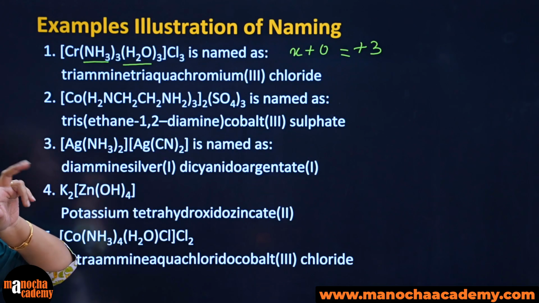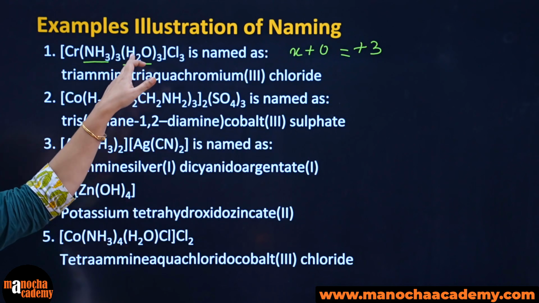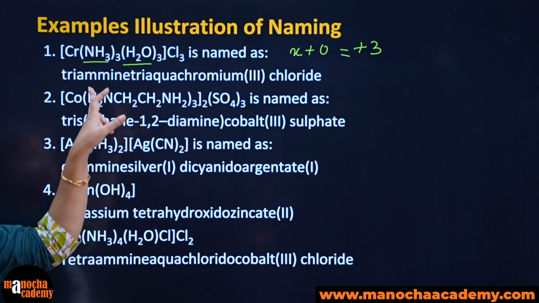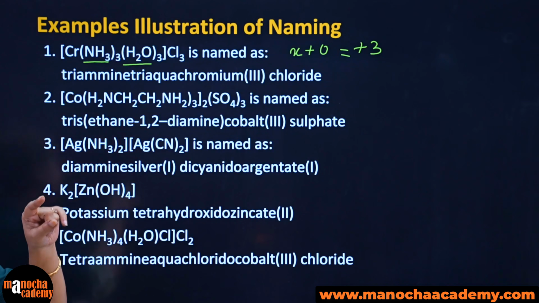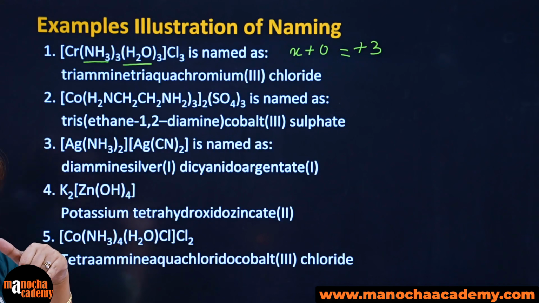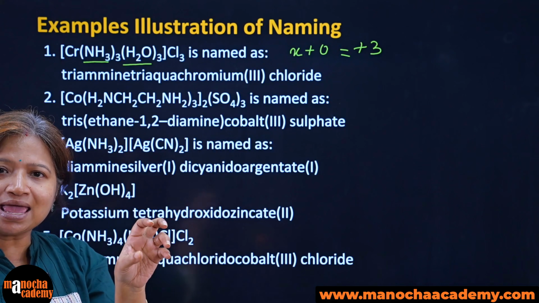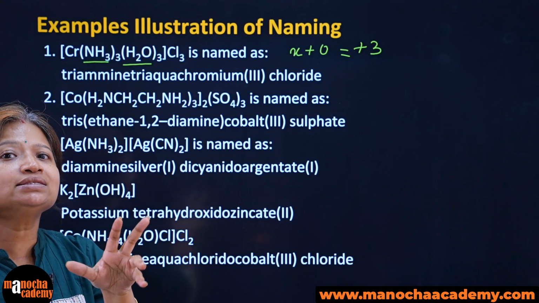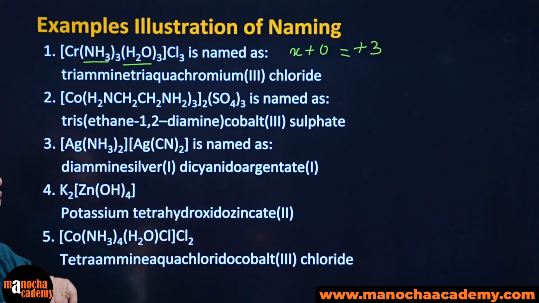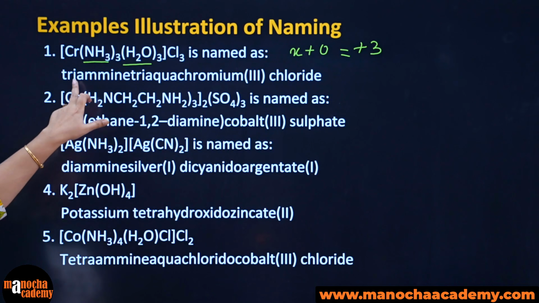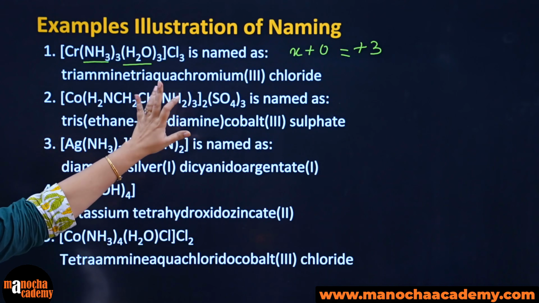Coming to alphabetical order, aqua starts with A and ammine also starts with A, so we have to look at the next letter. Ammine is AM and aqua is AQ. M N O P Q, so accordingly ammine comes first.